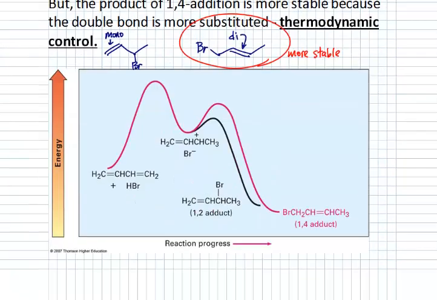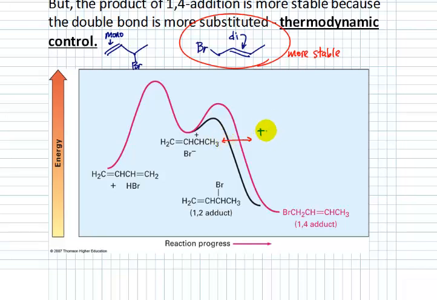So this is a graphical representation of the reaction we just talked about. The first step is the same because we form one carbocation with two resonance structures, okay? Only one resonance structure is shown here, but you can very easily draw the other one.